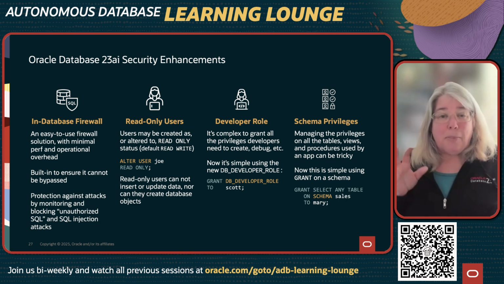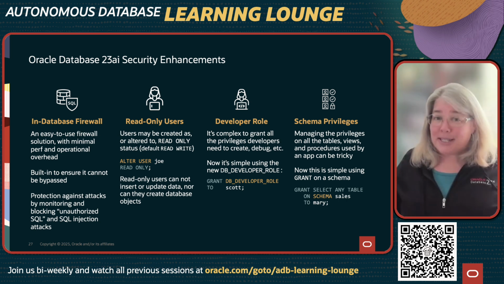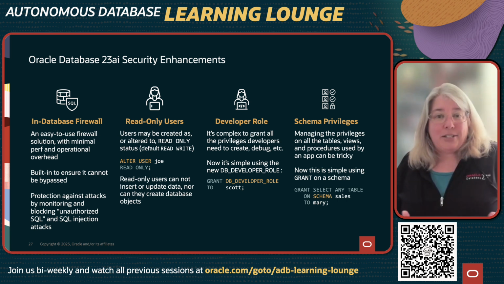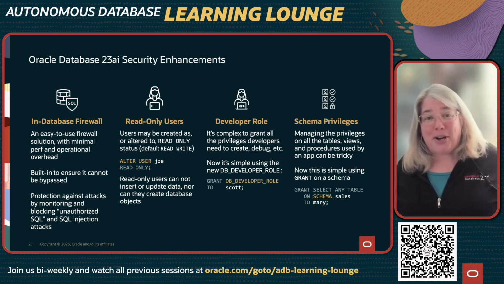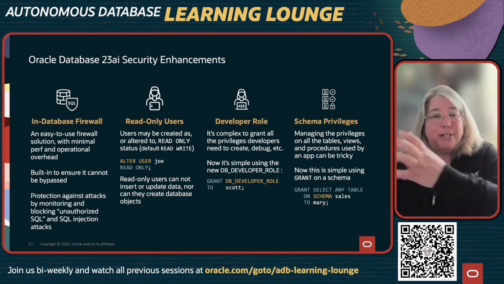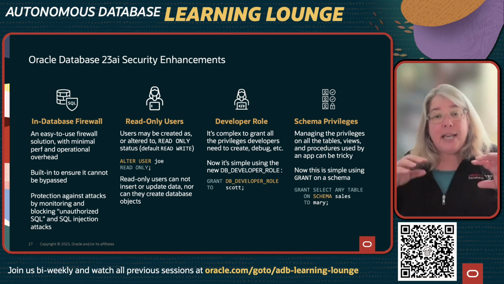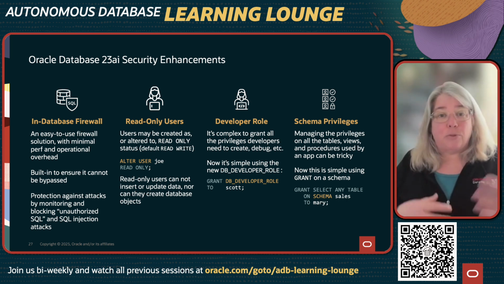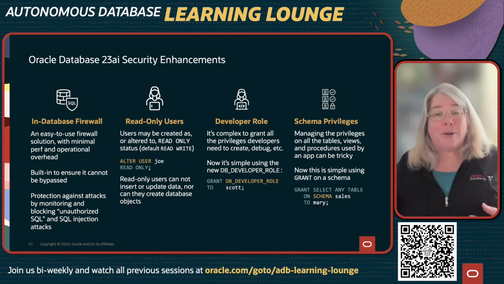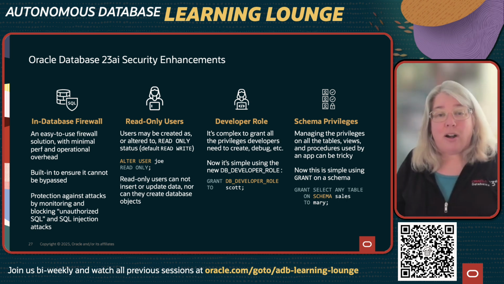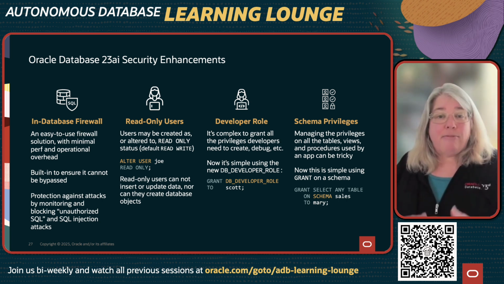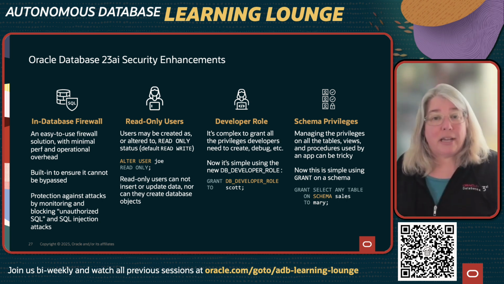We also have a couple other new features. Some may be very excited about just because it makes it easier to control grants and privileges on the data. All that data we were talking about, right? Using the natural language against our tables. We have those role-based access and ways to access that data and get to it. And we can leverage these new features with a read-only user or schema privileges to use for our permissions that we have for all the different features that we were just talking about, right?